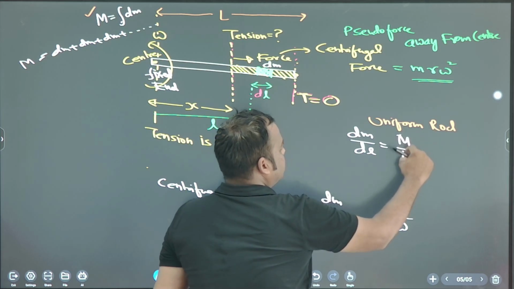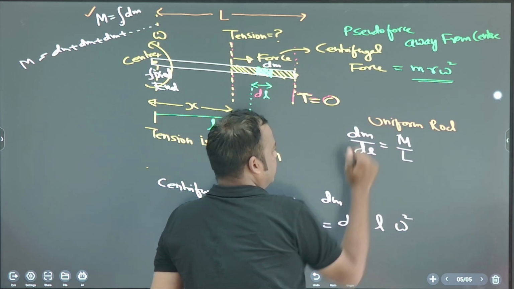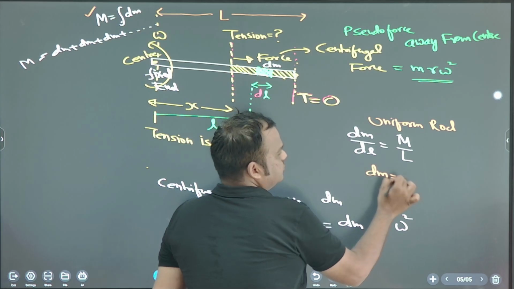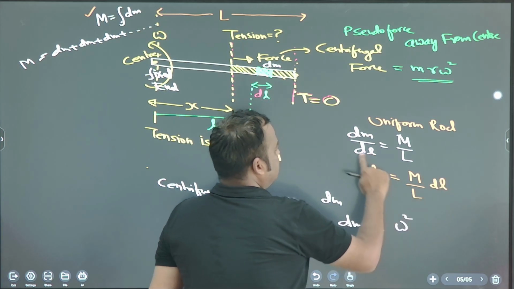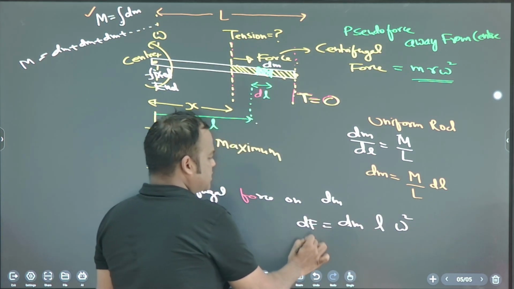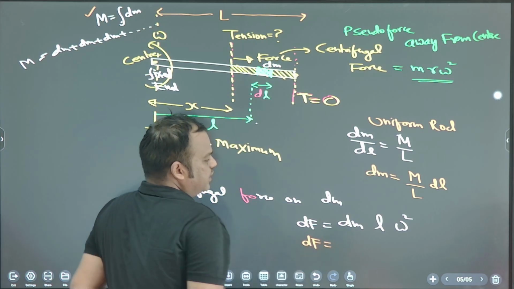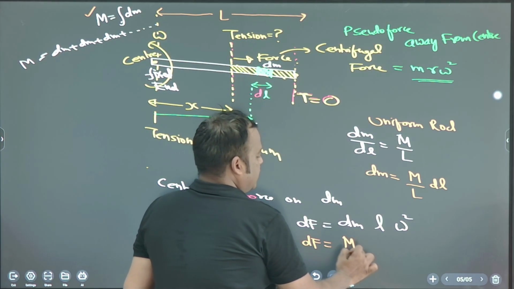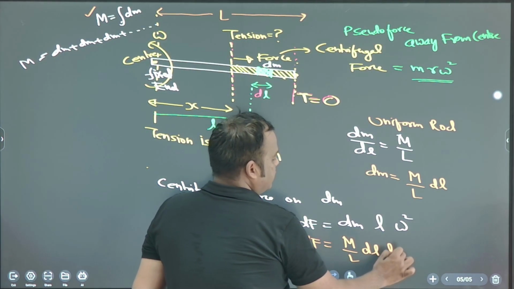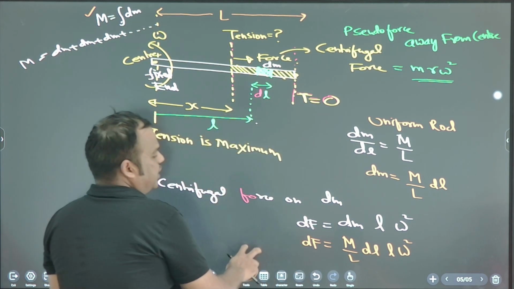So total mass by total length is equal to dm by dl. So what is dm? Total mass by total length into dl. So substitute, what is dF? What do you get for dF? M by L dl into L into omega square. Are you getting it?